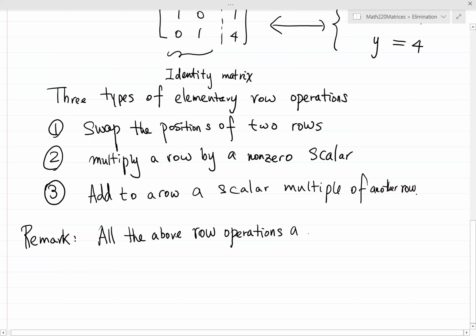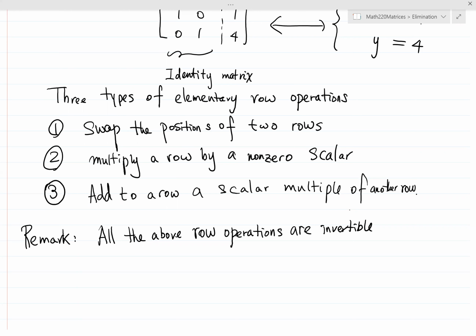For instance, operation 1, switching two rows, we can do it again so that it recovers the original position. Multiplying a non-zero scalar, we can multiply by its inverse.